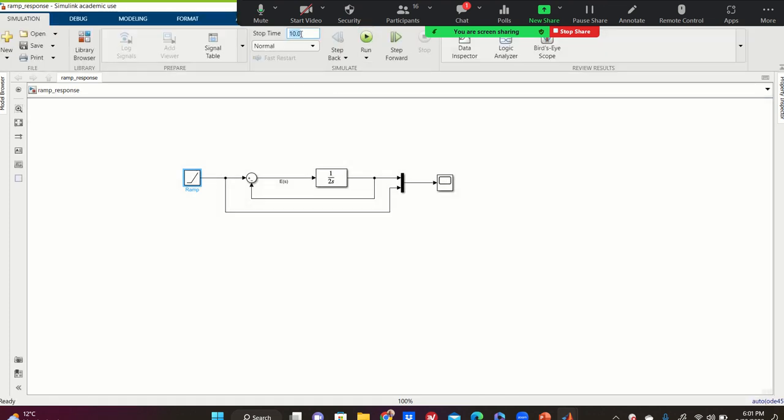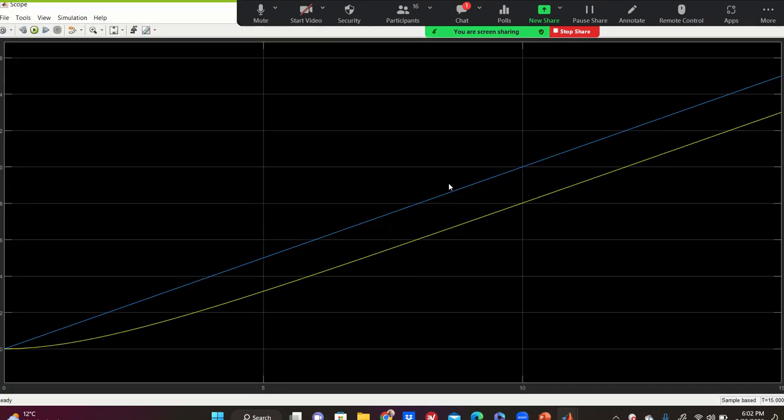so let me change first to 15 seconds. And run it. So you see that this is exactly what we plotted by coding. There we go. This is the ramp, transient response, and steady state response.